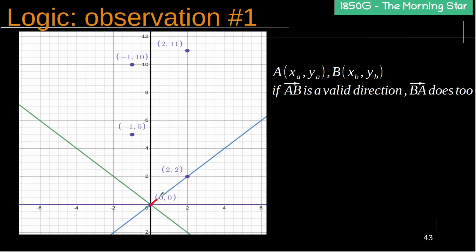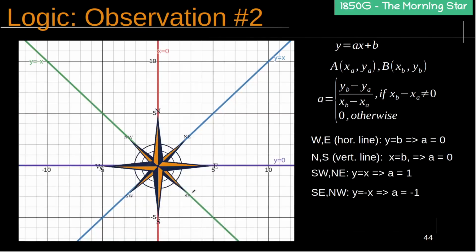For example, if from 0, 0 I have a valid direction to the northeast, then I have another direction to the southwest. So if I found a direction, it makes sense that I have another. This is the first observation.